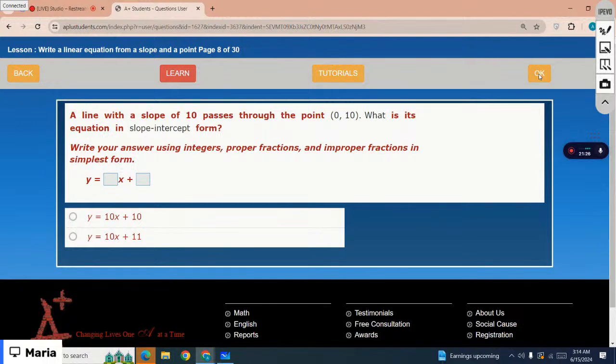The correct option is that is y equals 10x plus 10. Option number 1 is the correct option.